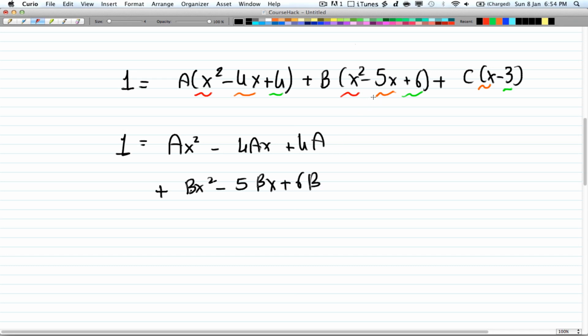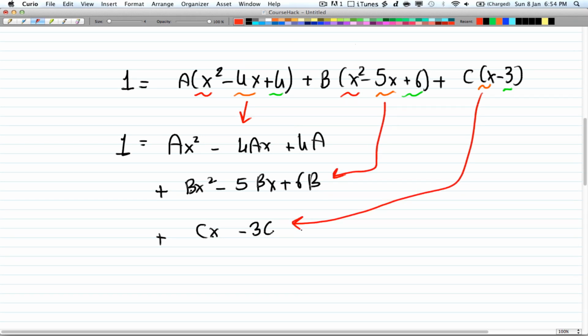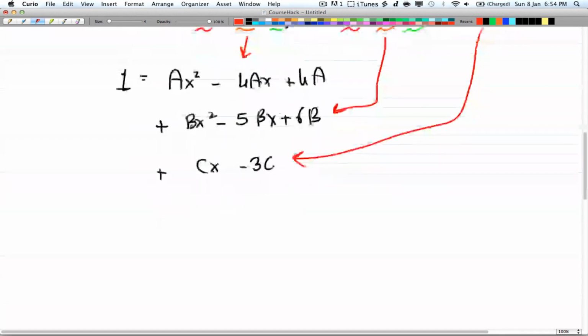So now we're expanding the second term here. And the last term will be plus cx minus 3c. Alright, so this is the first term here. This is the second term, and this is the expansion of the third term.